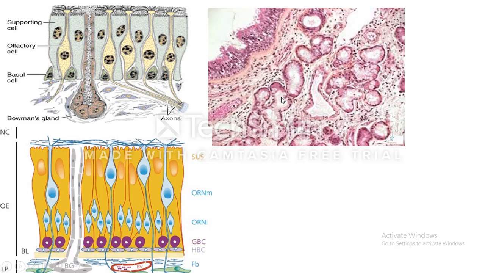What is the name of this? This is Bowman gland. And in this part you have the plexus of veins. This is the venous plexus in the lamina propria, or swell body, in this area of the olfactory zone.